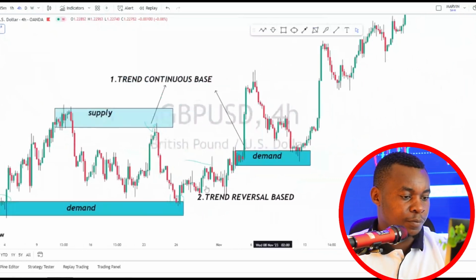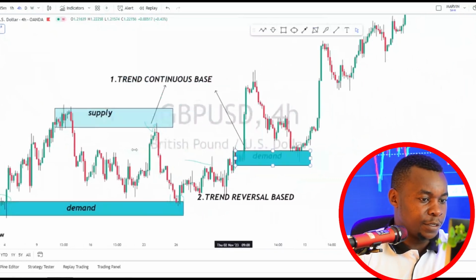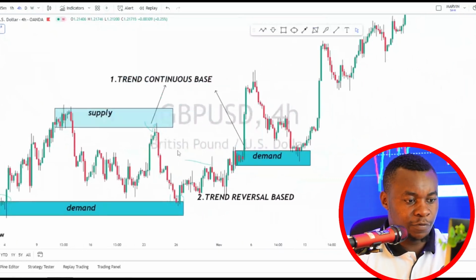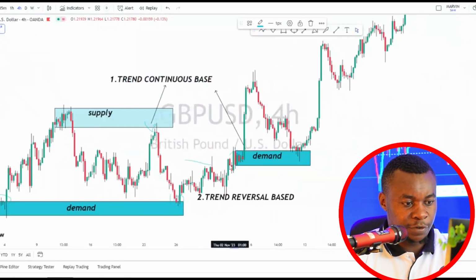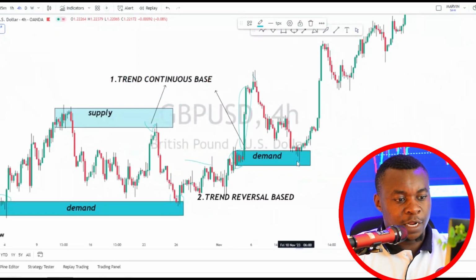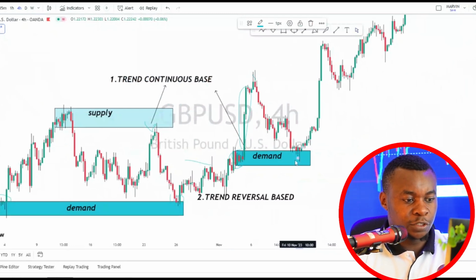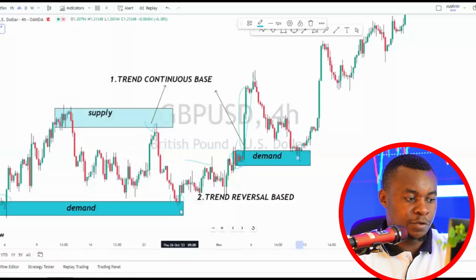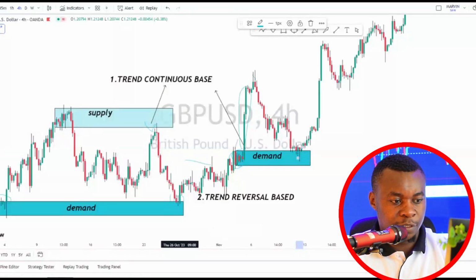Along the way, we had a reaccumulation of orders, but an impulsive buy as usual. This impulsive buy was to confirm that there's an accumulation at this point. So we had the market doing a pullback to this demand here. This demand is considered to be trend continuous. The trend started long ago at this reversal base.